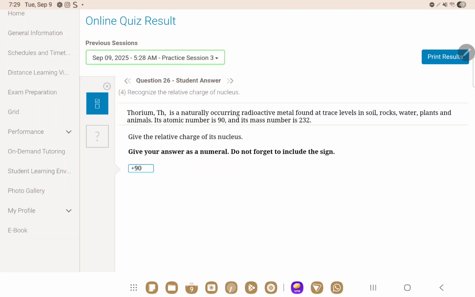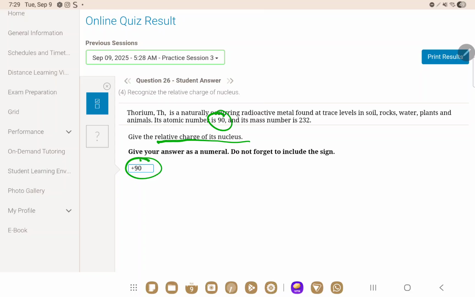Next question. If it has an atomic number of 90, the charge of the nucleus is how many protons there are. So the protons are going to be 90. Because there are 90 protons, neutrons have no charge, so they don't affect the charge, so you're going to have plus 90.